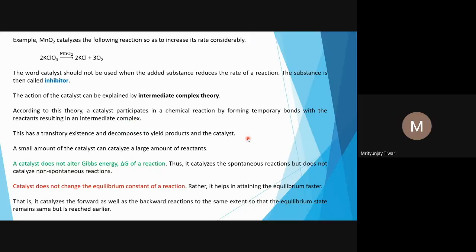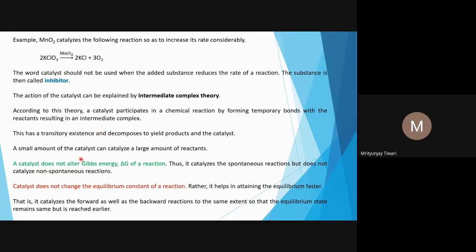According to this intermediate complex theory, a catalyst participates in a chemical reaction by forming temporary bonds with the reactants, resulting in an intermediate complex. This has a transitory existence and decomposes to yield products and the catalyst. So the catalyst is liberated in the last phase of some of the intermediate steps of the reaction.